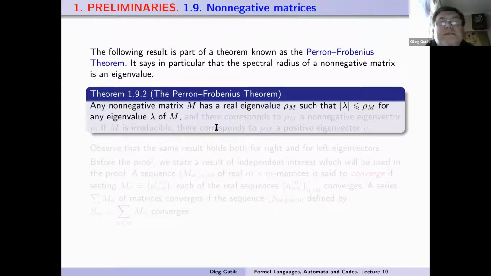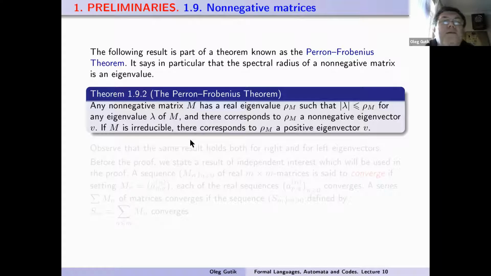Any non-negative matrix M has a real eigenvalue rho(M) such that the modulus of lambda is less than or equal to rho(M) for any eigenvalue lambda of the matrix M, and there corresponds to rho(M) a non-negative eigenvector V. If the matrix M is irreducible, then there corresponds to rho(M) a positive eigenvector V. We observe that the same result holds both for right and for left eigenvectors.